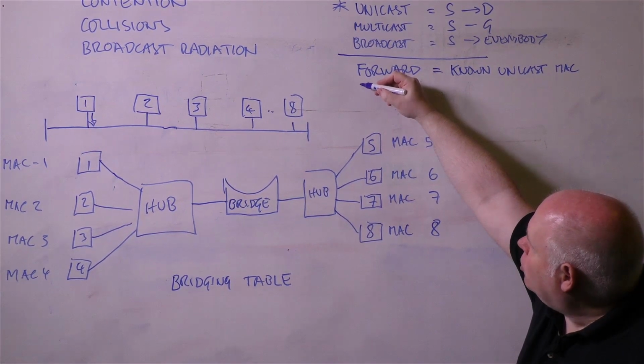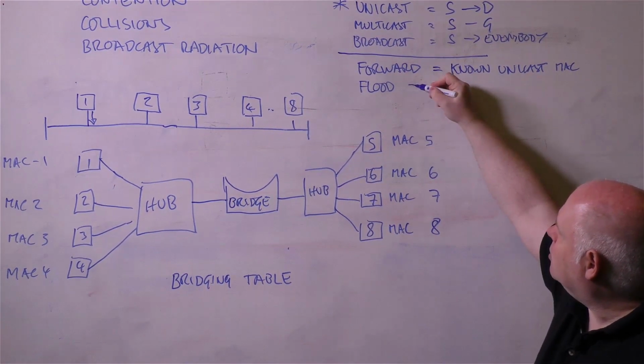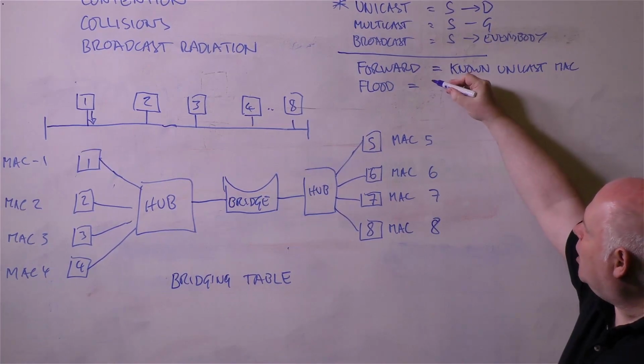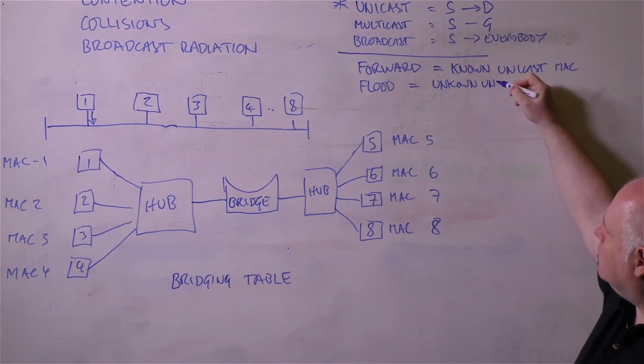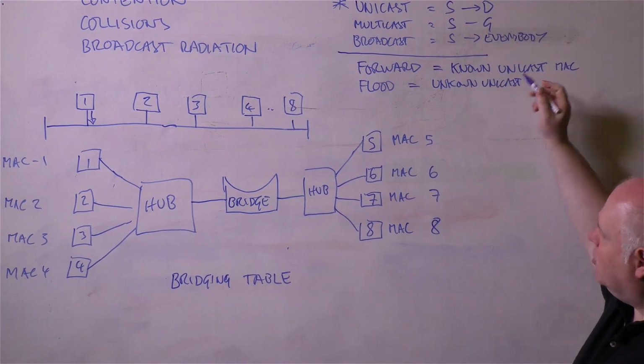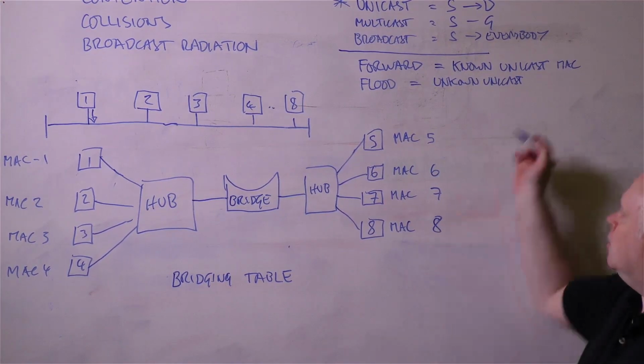If I don't know, I have to flood the traffic. And I do that if I have an unknown unicast packet. It has the MAC address of an individual machine, but I don't know where that is.